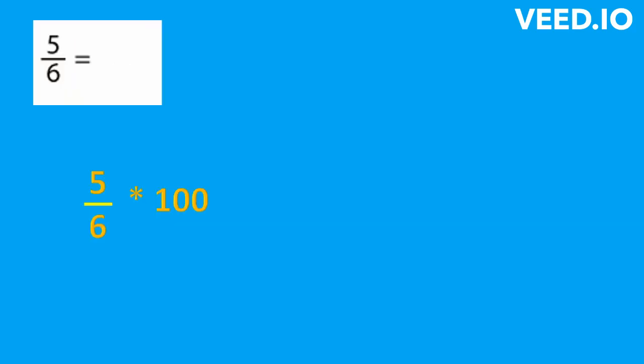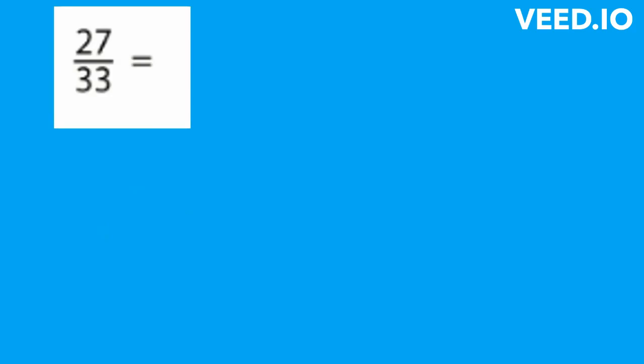So 5 over 6, here is a fraction. So multiply it by 100, or write it in the question mark form as you wish. So 27 over 33 times 100 is what we need to do to get the percentage.